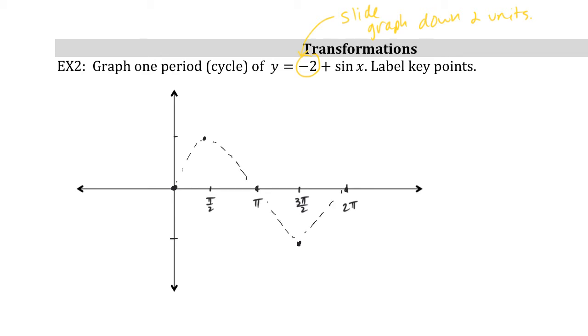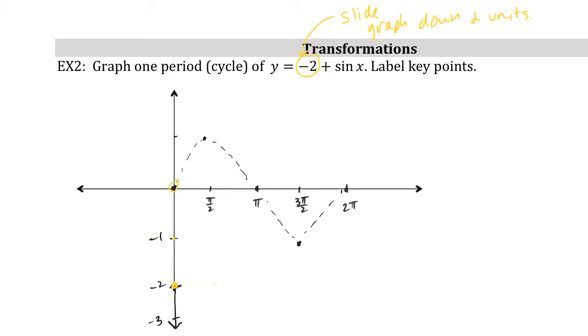Then that minus 2 just slides the whole thing down. My original point right here would be down 1, this is minus 2, and then this would be minus 3. So the whole thing is just sliding down. I've come down 1 and 2.